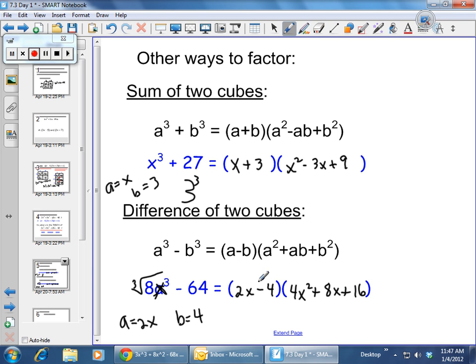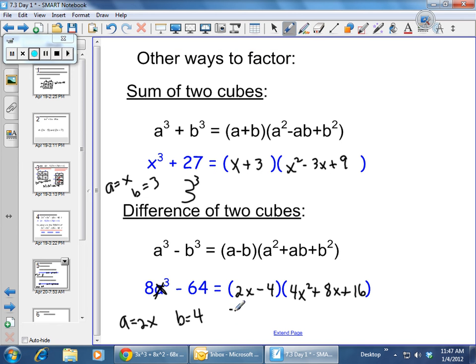Alright, so the factors of 8x to the third minus 64 are 2x minus 4 and 4x squared plus 8x plus 16. Now this could have been factored a little bit further.